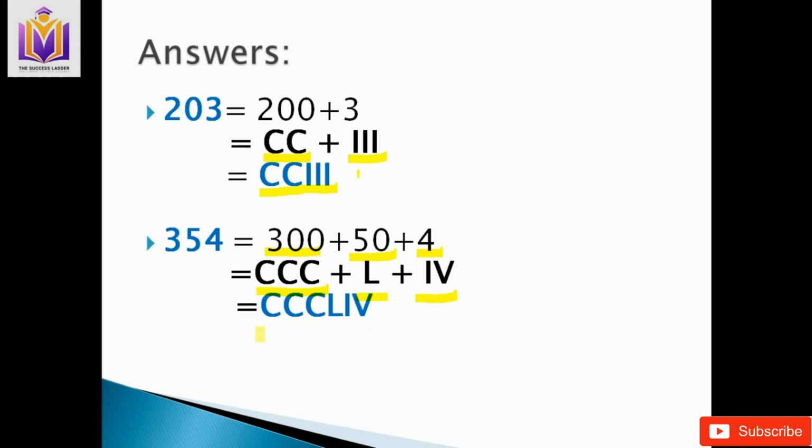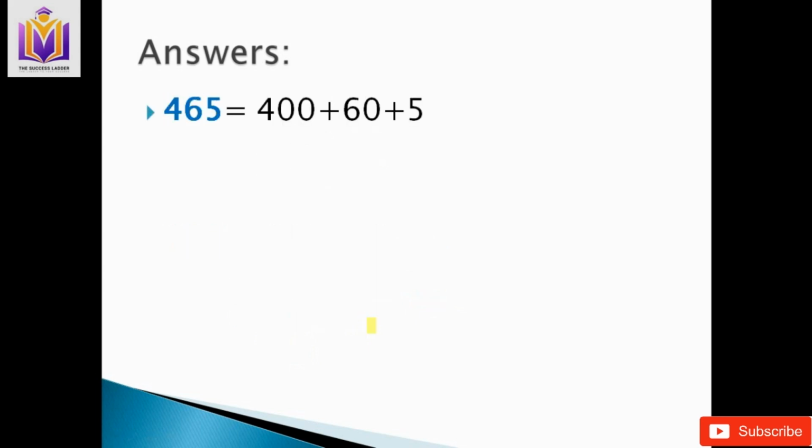And when we add all together, it becomes CCCLIV. So this is how we write 354 in Roman numeral.